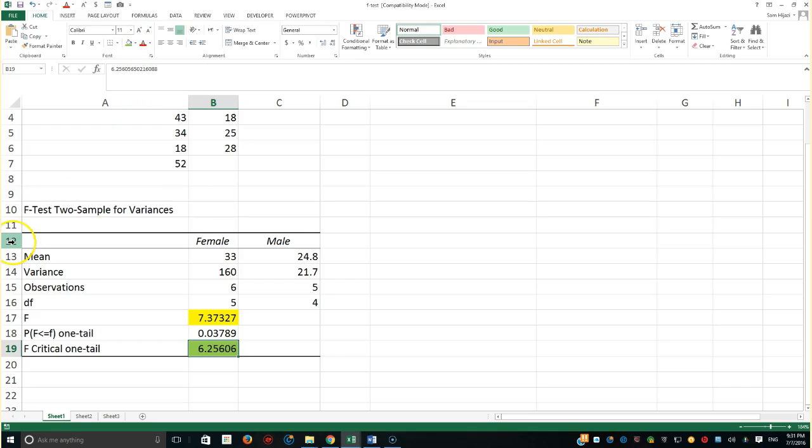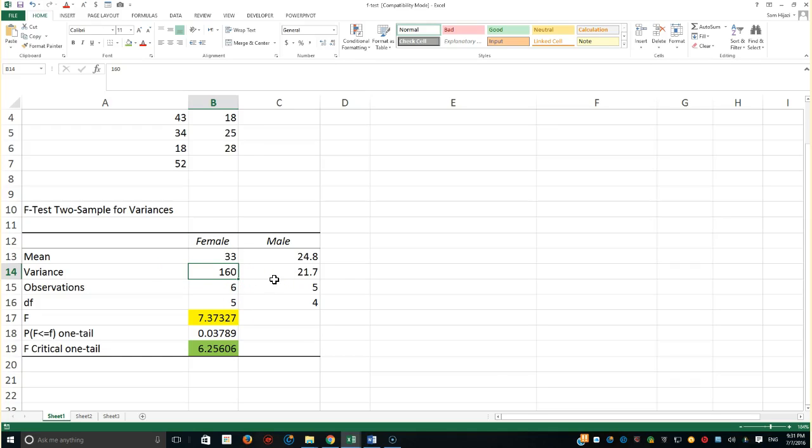First of all, we need to make sure the variance of variable 1 is higher than the variance of variable 2, which is the case: 160 is greater than 21.7. If not, we need to swap the data, so Excel calculates the correct value as a result of swapping.